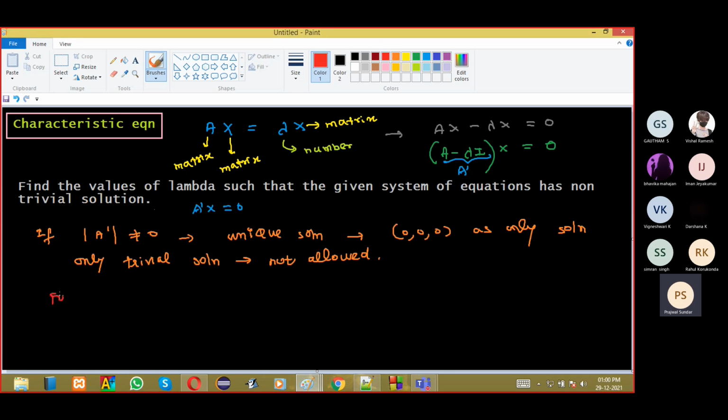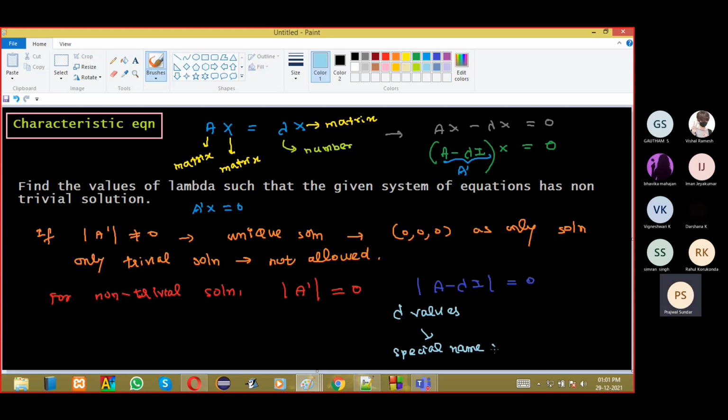So for non-trivial solution, I should have determinant of A dash is 0. And what is determinant of A dash? A minus lambda I should be 0. And the lambda values that you get are given a special name called Eigen values. That's all. Eigen values.